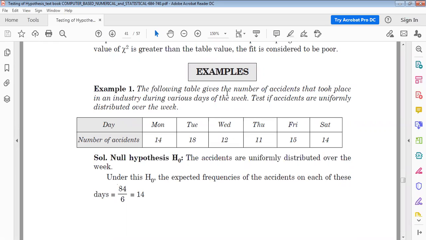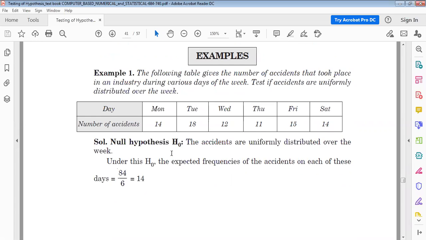The days given are Monday, Tuesday, Wednesday, Thursday, Friday, Saturday, with the number of accidents, in a big industry perhaps. We consider the null hypothesis that accidents are uniformly distributed over the week, that is, accidents are happening regularly during that week.